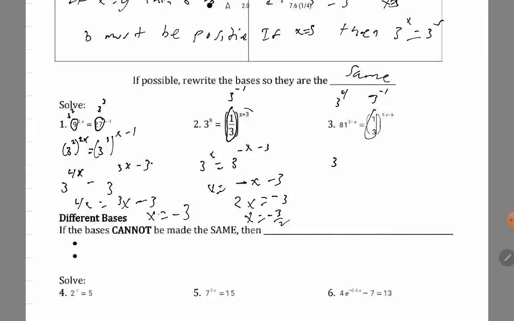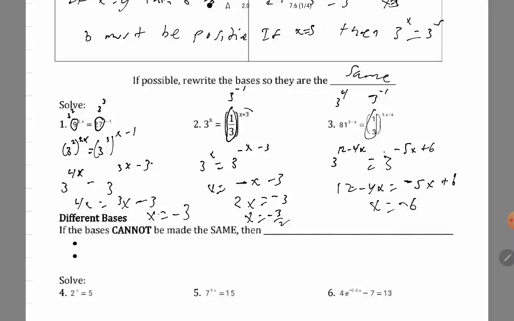So that's 4 times 3, which is 12, minus 4x, equals 3 to the negative 5x plus 6. So 12 minus 4x equals negative 5x plus 6. Gonna add 5x over, so I get x equals negative 6.